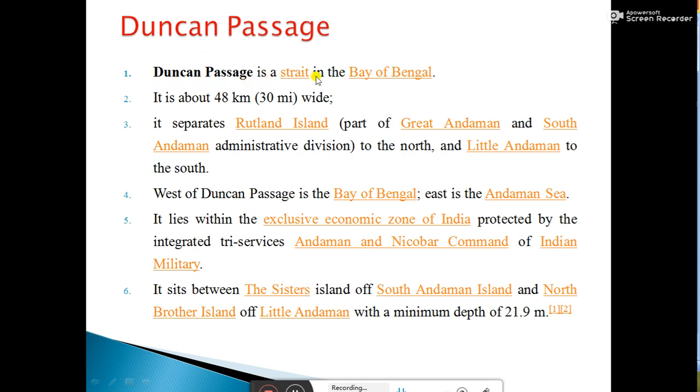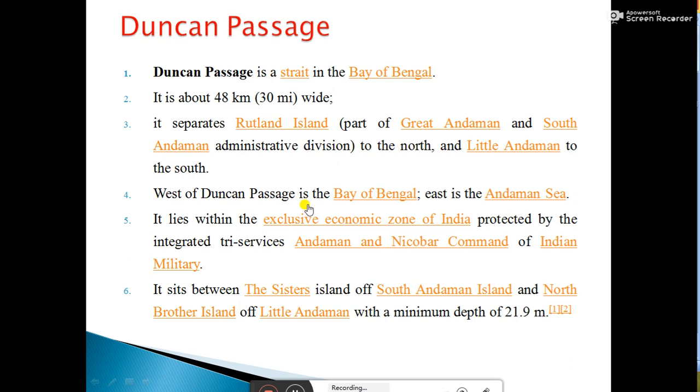Duncan Passage is a strait in the Bay of Bengal. It is about 40 km wide. It separates Rutland Island, part of Great Andaman and the Southern Andaman Administrative Division, to the north, and Little Andaman to the south.